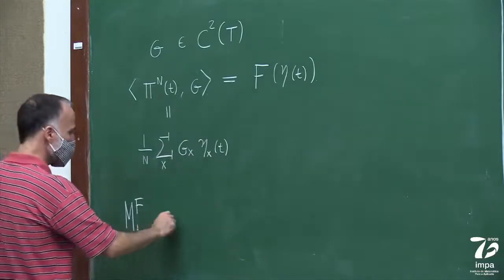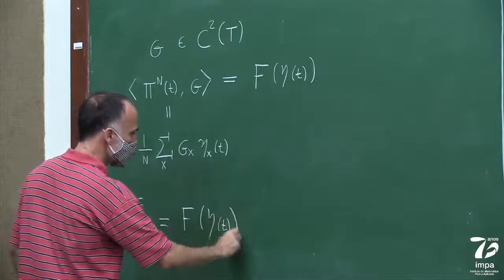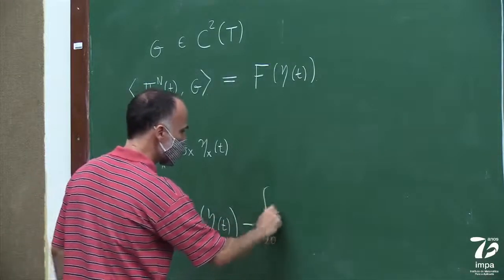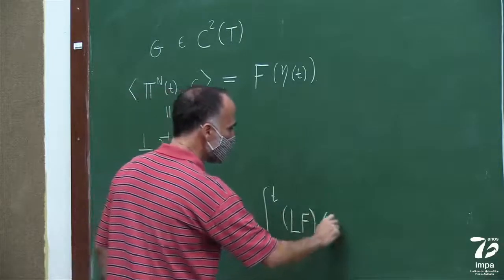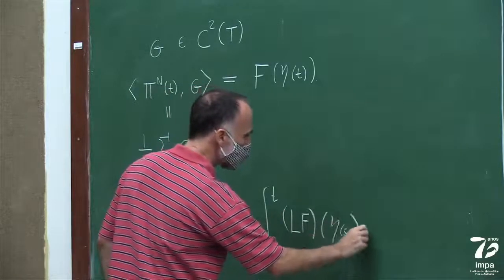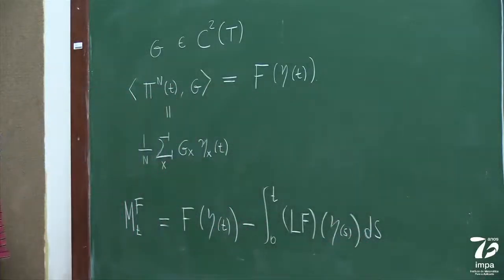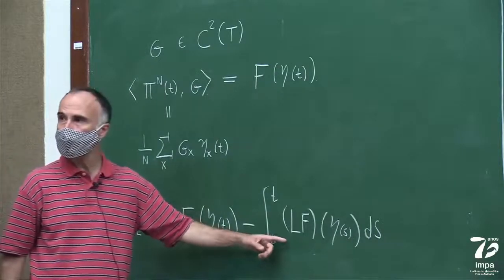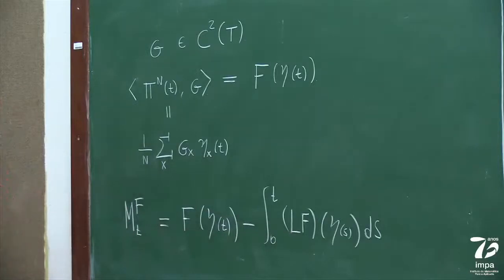The martingale will be given by f of eta t minus the integral from 0 to t of L of f of eta s ds. So we have just seen that this is a martingale. So what I need to do is to compute this term for this function f. Okay? So let's do that.